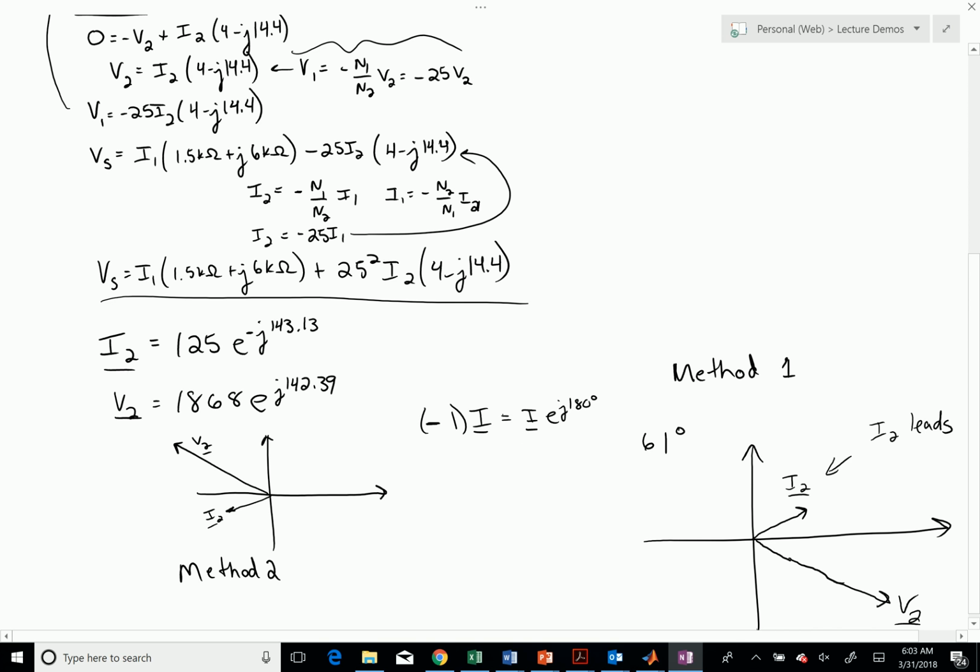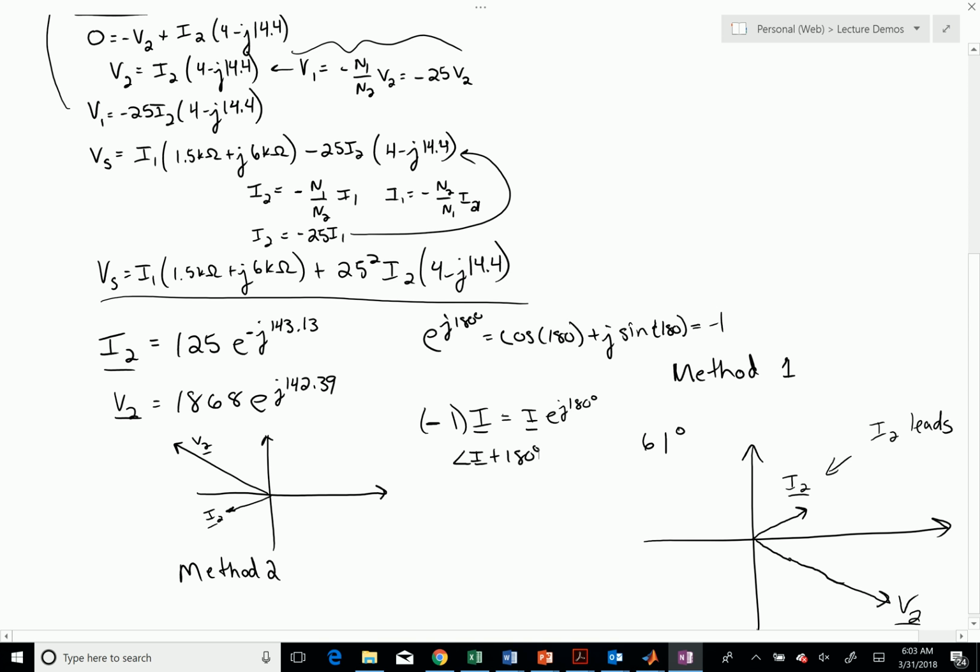Go through the math: if I say e to the j 180, that's cosine 180 plus j sine 180, which is minus 1. So you should be able to see that those are equal. And so if I look at the expression that way, I know that the angle of I plus 180 degrees is the angle of this result. So if I take V2 and multiply it by minus 1, this angle changes by 180 degrees.